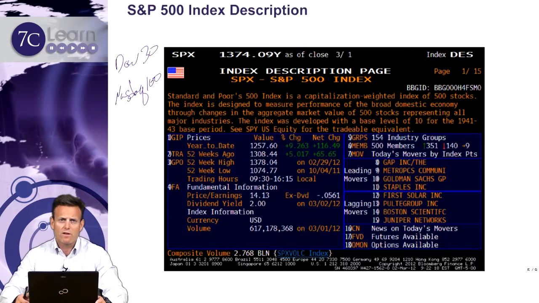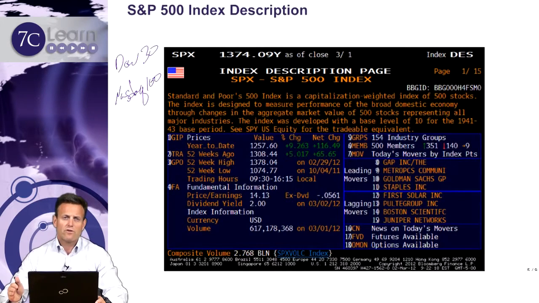The Dow 30 is an old style index, probably not nearly as popular from an institutional standpoint, and this is probably pretty relevant information for you guys, because the Dow 30 is what we call a price-weighted index. So it's weighted by the market prices of the stocks that comprise that index. It's a very antiquated way of composing an index.